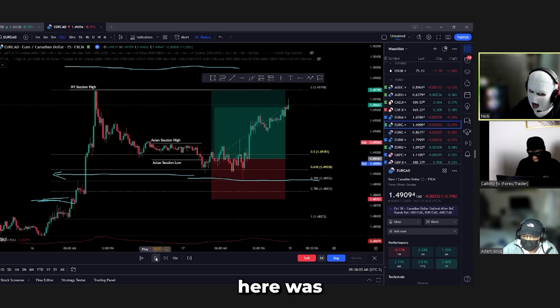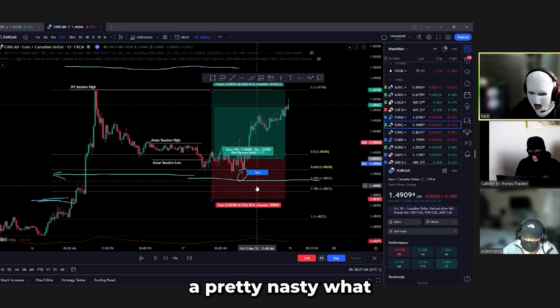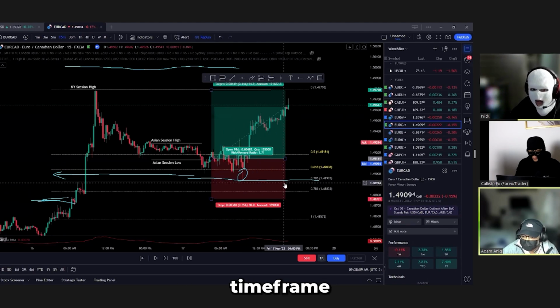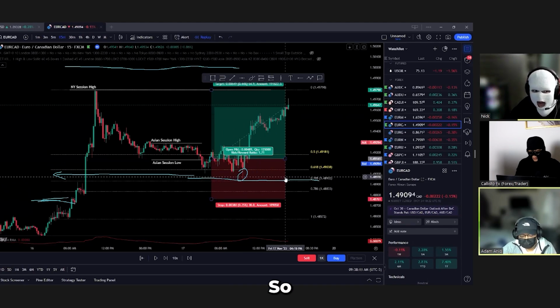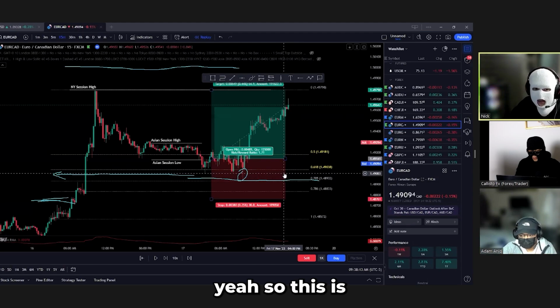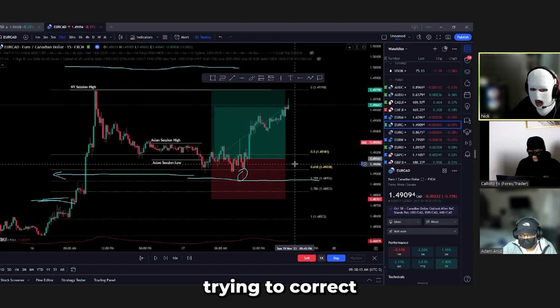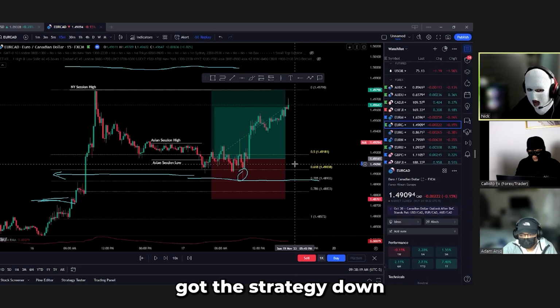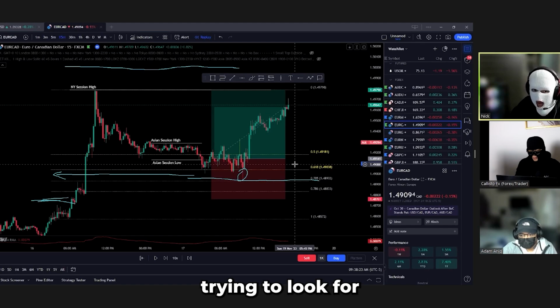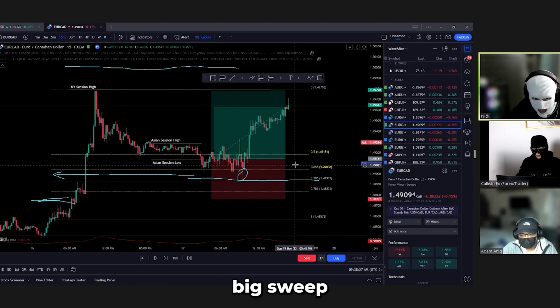This candle here was a pretty nasty one on the 15-minute time frame. So this is basically me trying to correct your idea of the stop loss placement, because you basically got the strategy down in the aspect where you're trying to look for confirmations to enter after a sweep.